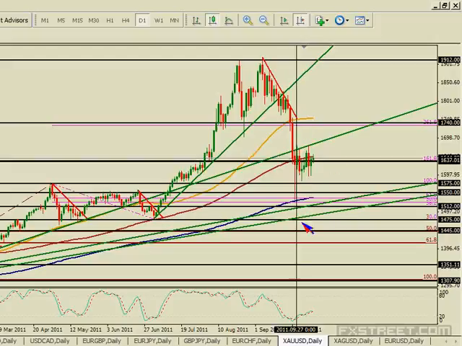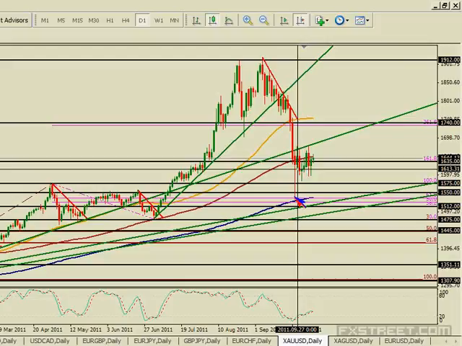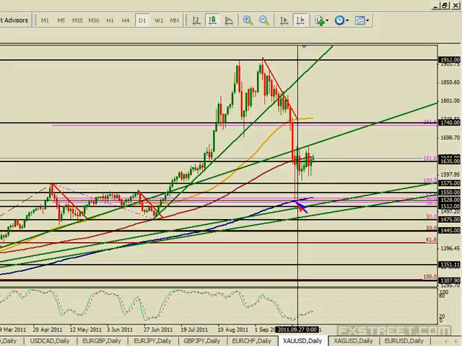From a technical perspective, though, what are we looking at here? This move to the downside formed what we call a hammer candle right here. Okay, what does a hammer candle represent? It represents rejection near the lows. It sort of hit this 200-period simple moving average as support. It formed a nice hammer candle here, which means it went all the way down and closed near the highs. It was rejected, it failed near the lows and went back near the highs.